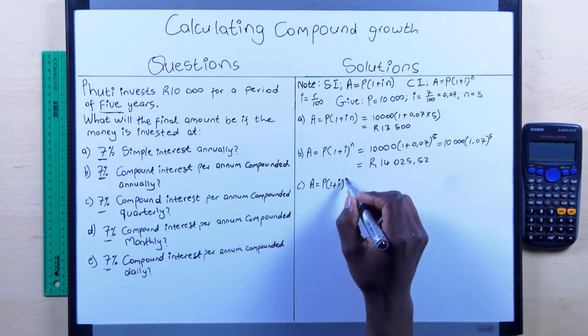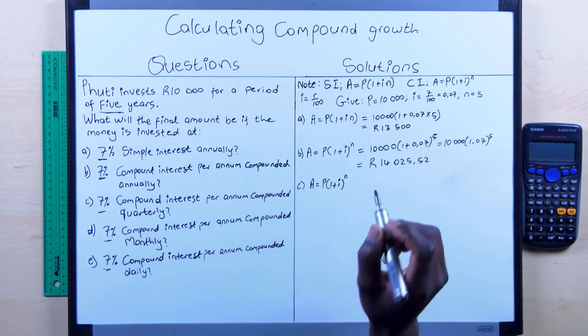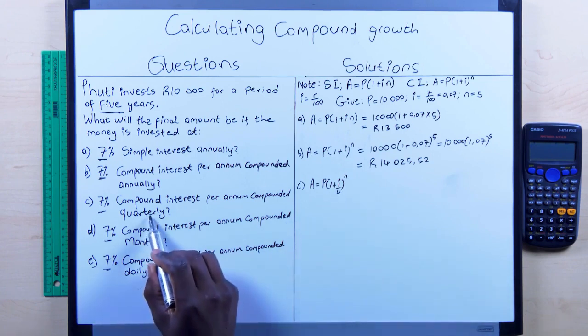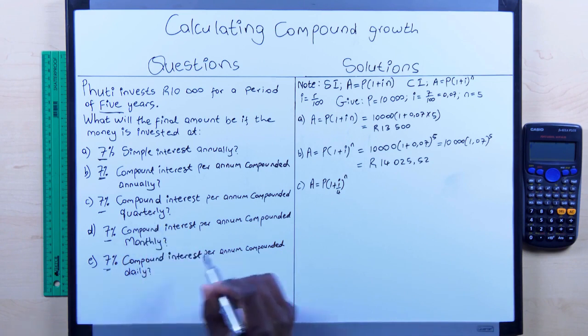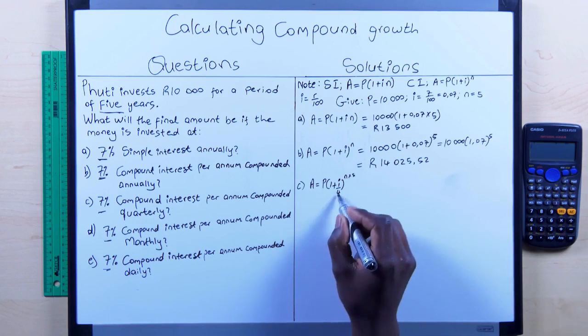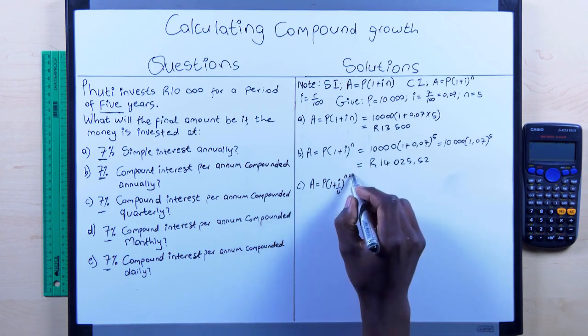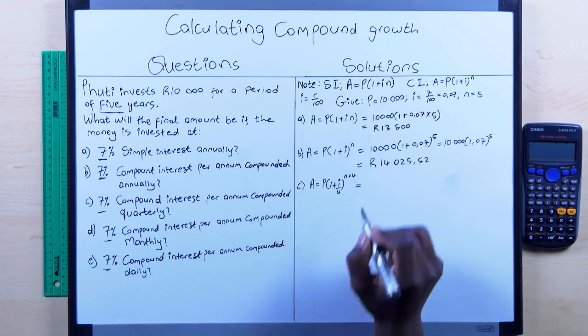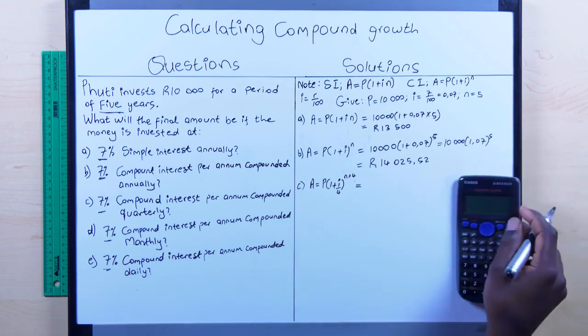Same compound interest formula, except here we divide by the number of these in 1 year. There are 4 of these in 1 year. Here we multiply by this. That's the only difference. Therefore, go back to our calculator.